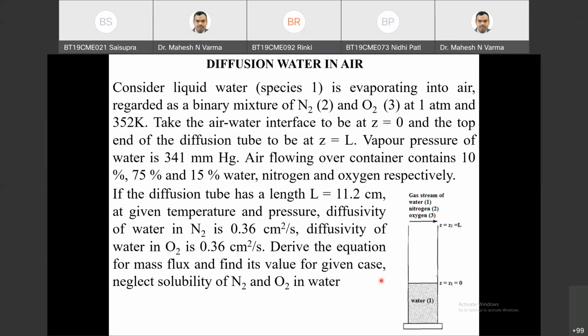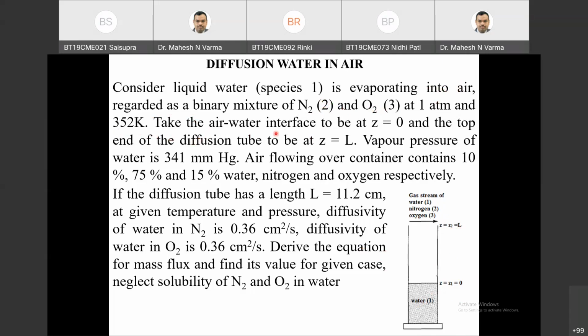Consider a liquid which is water. Water is evaporating into air, which is regarded as a binary mixture of nitrogen, species 2, and oxygen, species 3, at 1 atmosphere and 352 Kelvin.